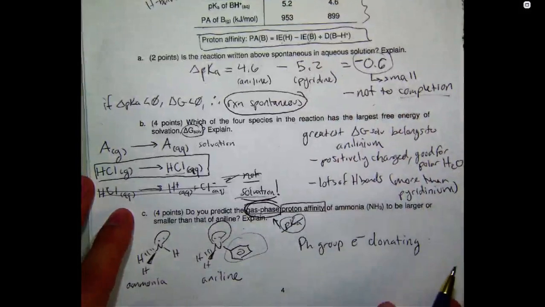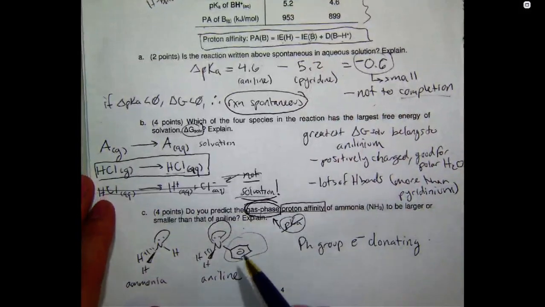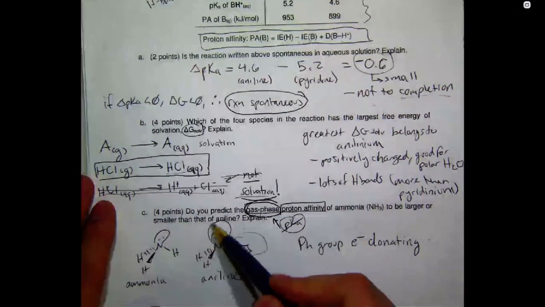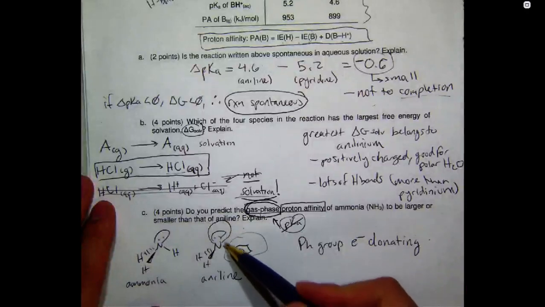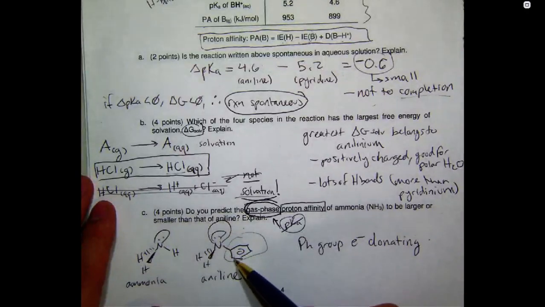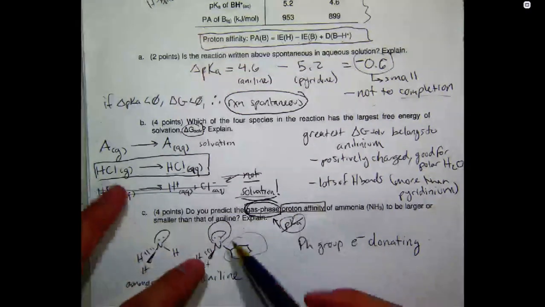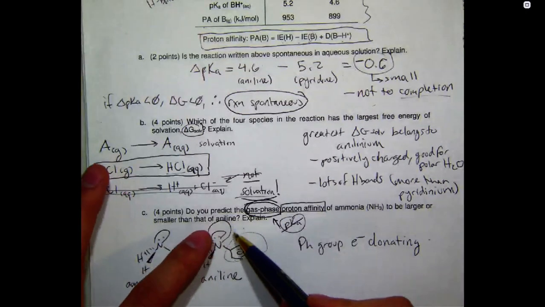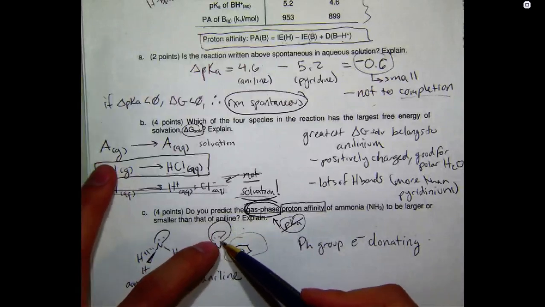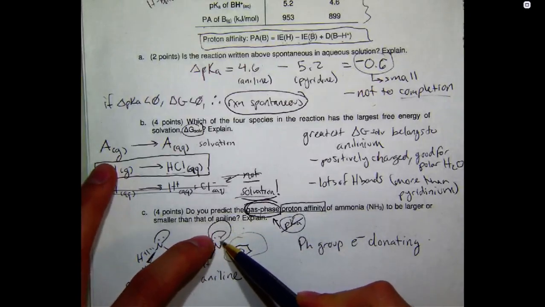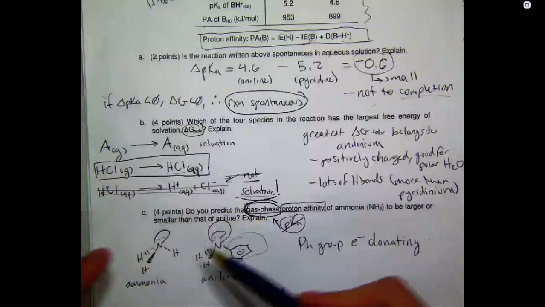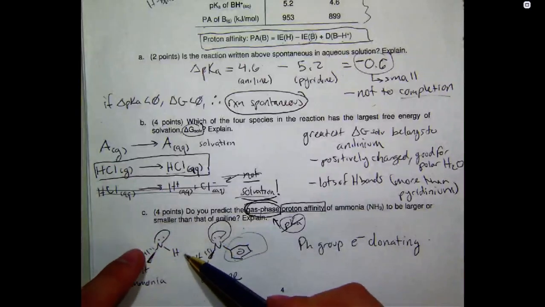So let's go back to our little sketch that we drew down here. We've got aniline. Aniline's got this big lone pair that was kind of inflated by electron density from this phenyl ring. And if we want to explain this in real thermodynamic terms, because this lone pair is bigger, these electrons are not as tightly held by the nitrogen, so it's going to be more easily ionized than ammonia will be.